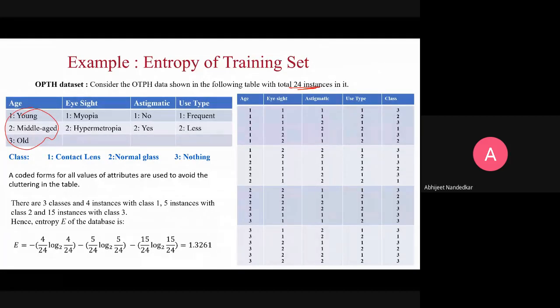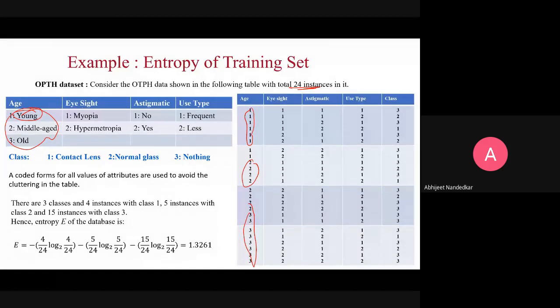We have three values, and they are coded as 1, 2, 3. So this 1, 1, 1 here indicates young in the table. The second one is middle aged. So like that, we have another level as 3, which is old.